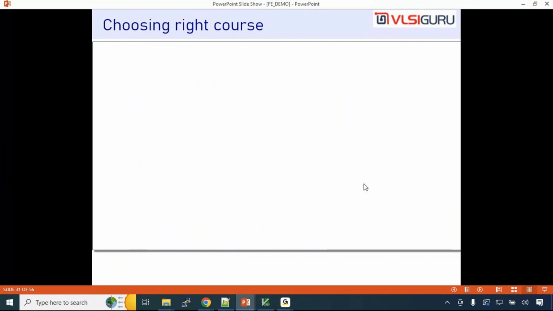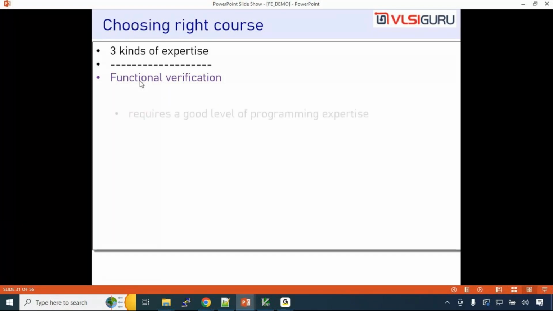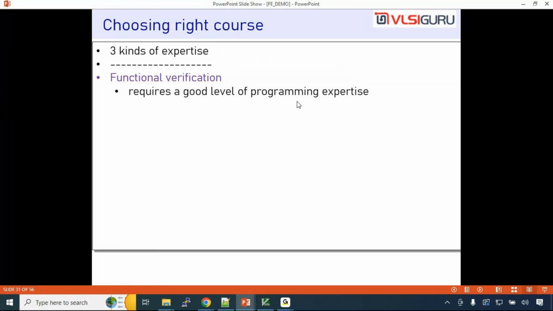Okay. Now with so many things, how do I choose the right course? You need 3 kinds of expertise. First one is functional verification. It requires a good level of programming expertise to work in the functional verification domain. If you ask me, do I need to come with good programming expertise?